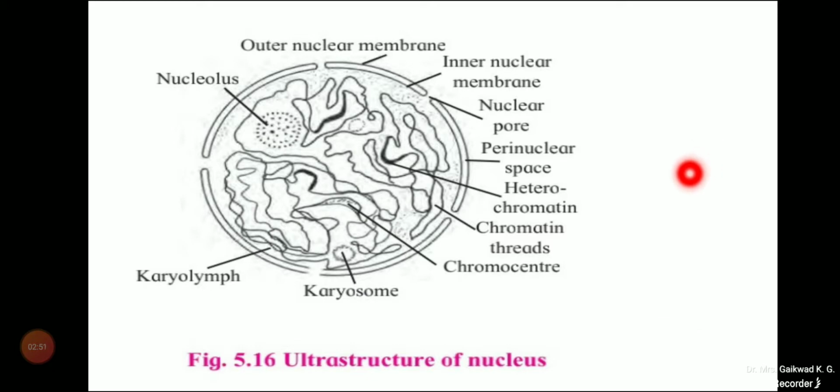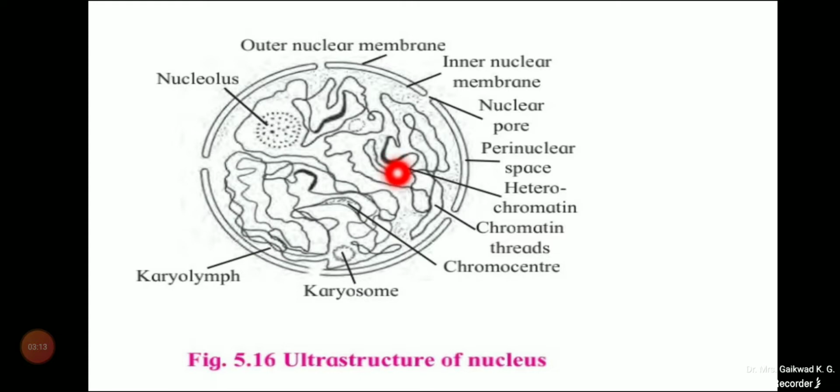Cytoplasm is present in the cell outside the nucleus, and the plasma present inside the nucleus is called the nucleoplasm. So the nuclear membrane helps to separate the cytoplasm from the nucleoplasm.